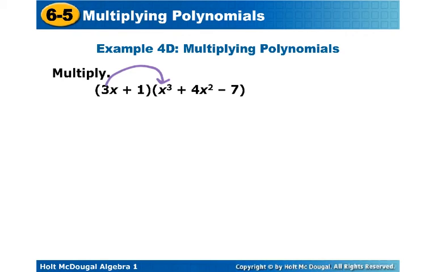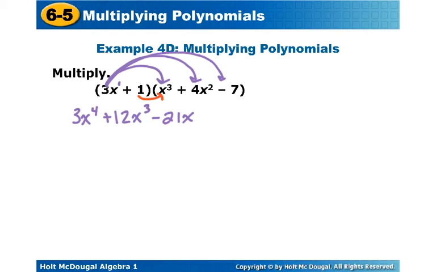So 3x times x cubed, remember, add the exponents with like bases. This becomes 3x to the fourth. 3x times 4x squared gives you positive 12x cubed. And then 3x times negative 7 gives me negative 21x.